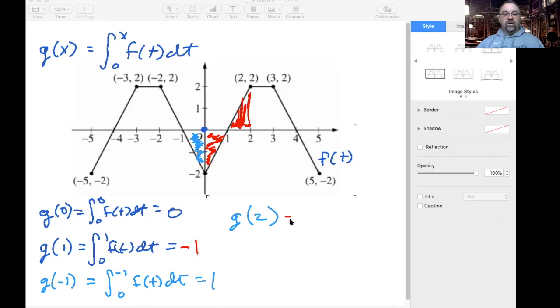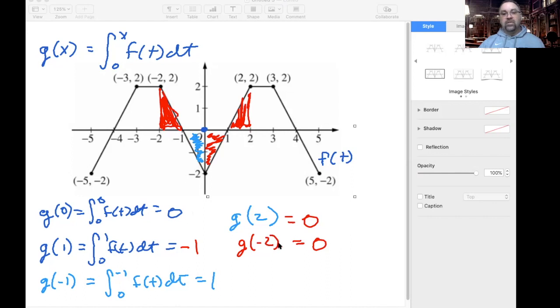So for g of 2, we're back to 0, right? g of -2 is also going to be 0, because here's another triangle. But we're going backwards. We had a positive 1 area down here in the blue, so that red area is going to be -1. So we're back to 0 as well there. So g of 0 is 0, g of 2 is 0, g of -2 is 0.